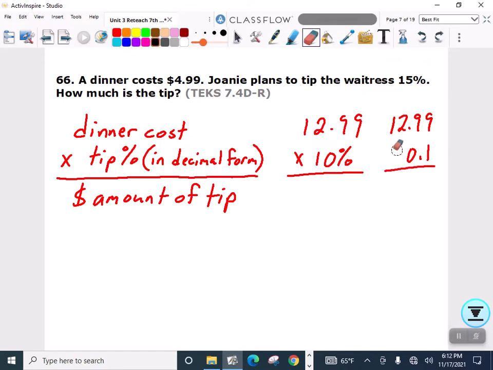So, I want to write this a little more neatly. There we go. So, what this works out to be is $1.299. So, we need to round at the cent. So, this turns out to be $1.30.